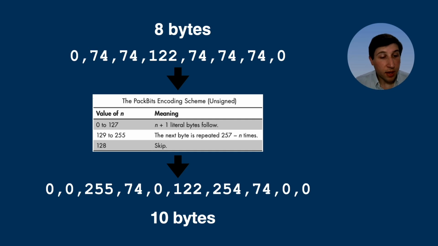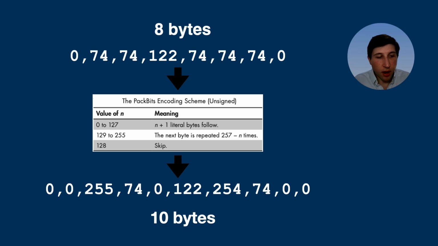What about the compression scheme? So here we're using PackBits, which is a standard way that the original Mac used to compress bytes. So the way PackBits works is not super important for understanding the overall idea, but I will go through it briefly.